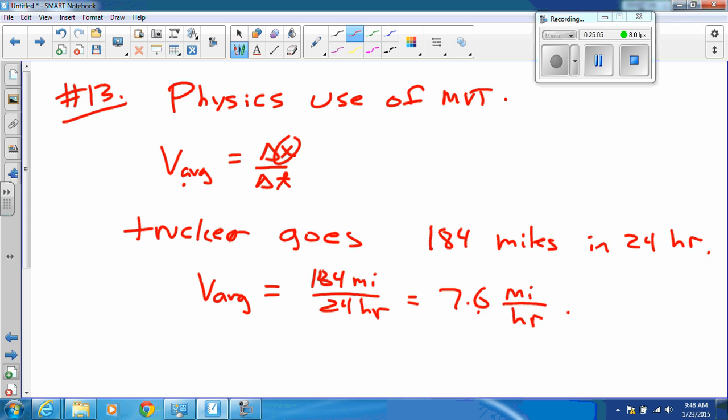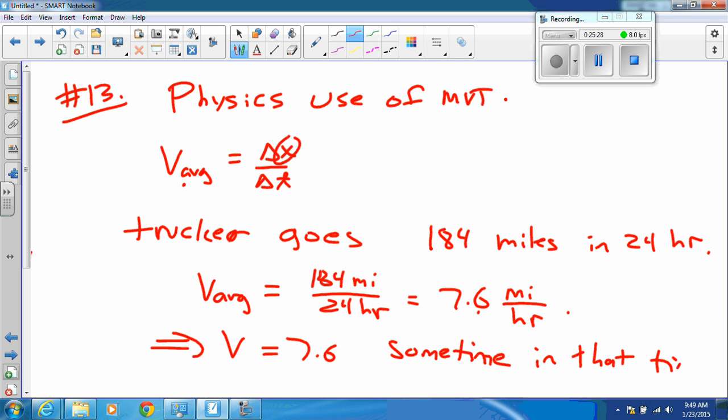And so looking at this, since my average velocity is 7.6, it must have been the case that my instantaneous velocity was 7.6 at some time during that time period. That's the mean value theorem talking. Now I look at the problem, and the problem asks me to show that there must have been some time during which the velocity exceeded 7.5 knots, and this is certainly exceeding 7.5 knots, and we're done.